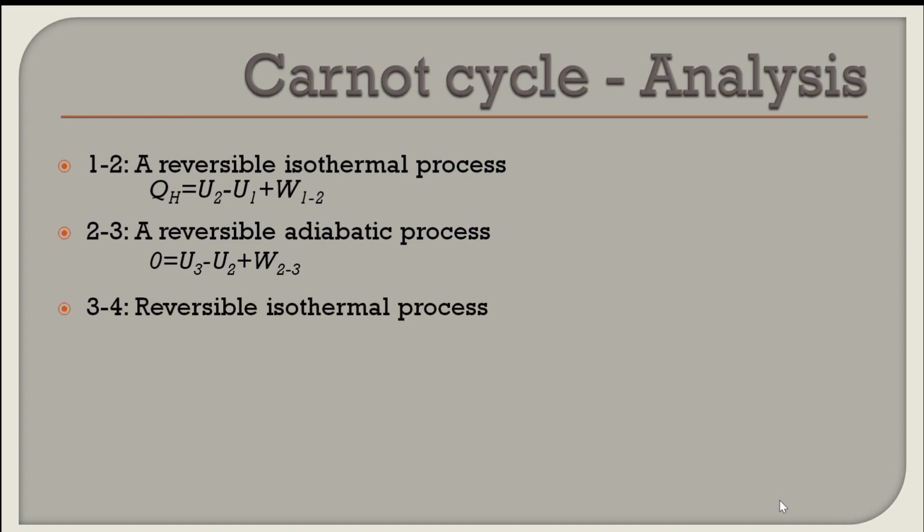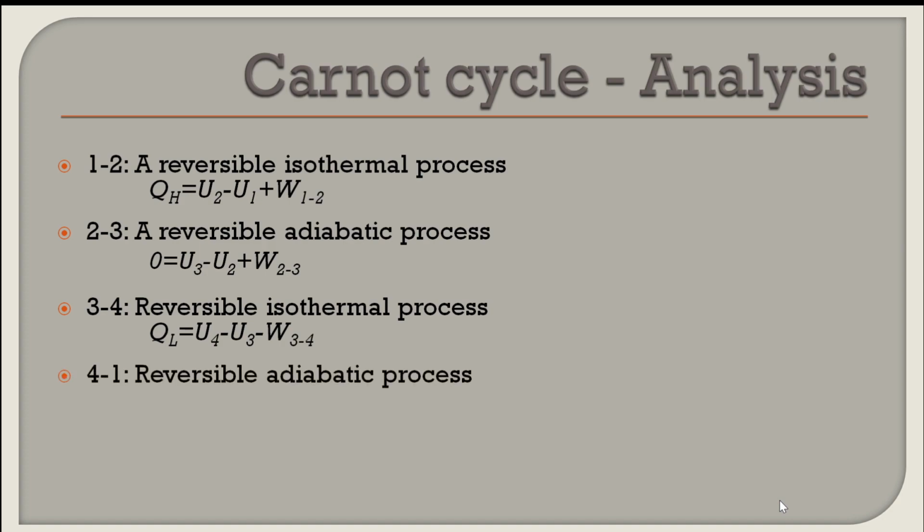And the third process is again isothermal compression process where the heat is rejected, which is of the amount QL. Then reversible adiabatic process, the last process, which will bring back the system to the initial state 1. Again, you can write that as 0 equal to U1 minus U4 minus W41 because heat transfer is 0.